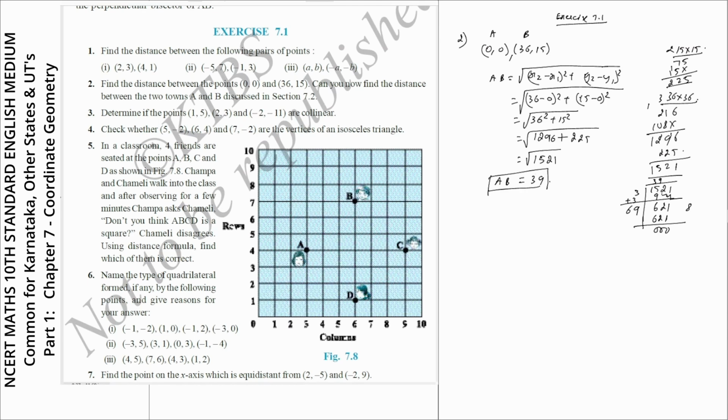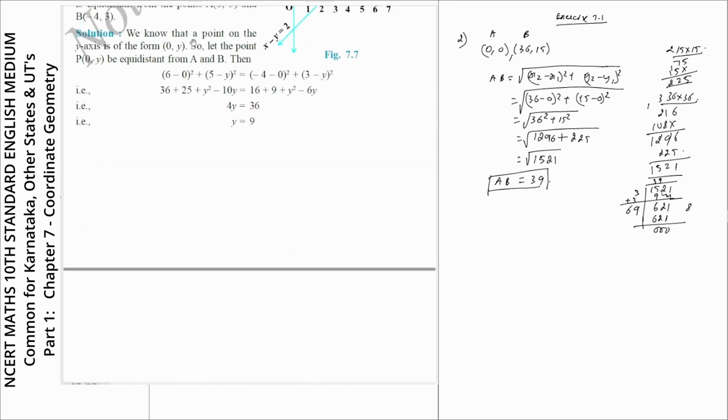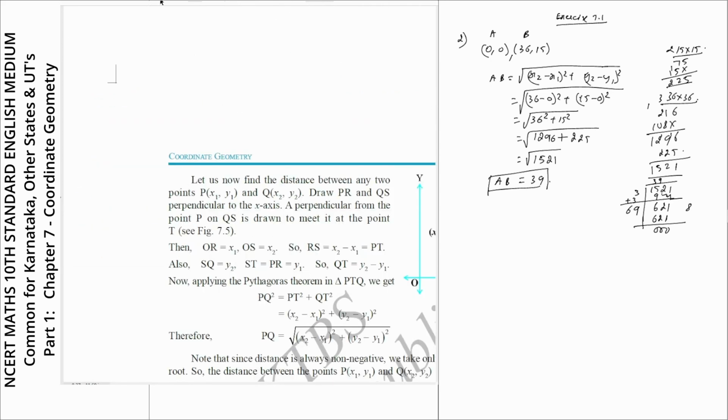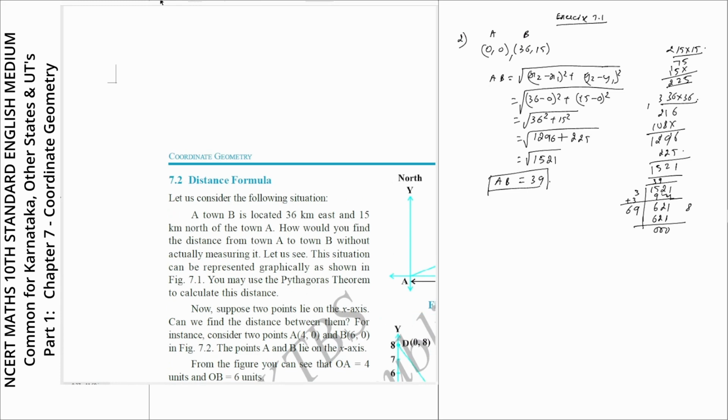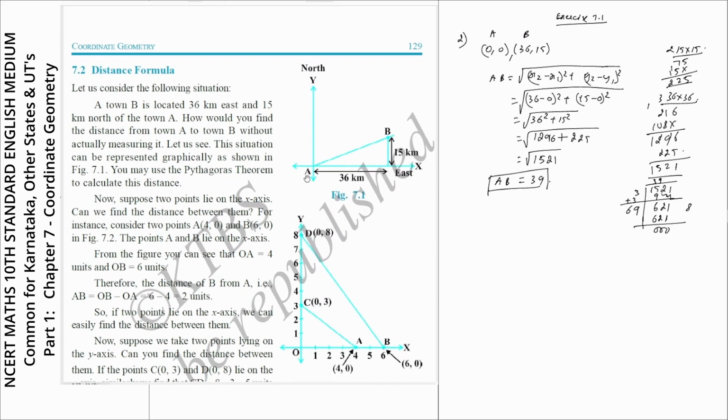One more thing they have asked here: can you find the distance between the two towns A and B discussed in section 7.2? So now let us go to section 7.2. Here there are two cities A and B. A is lying at (0, 0) and B is at (36, 15).